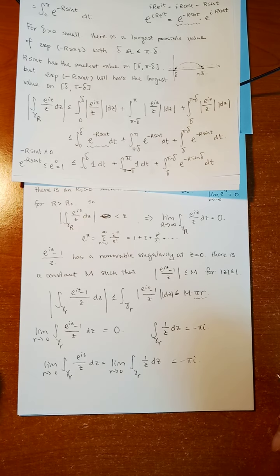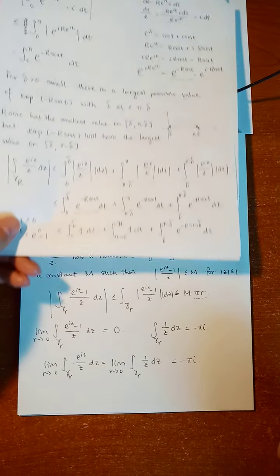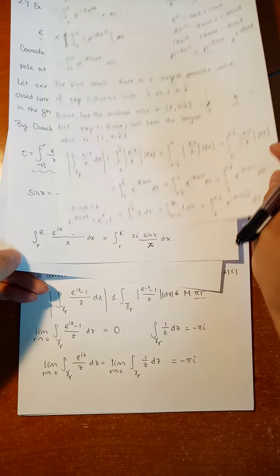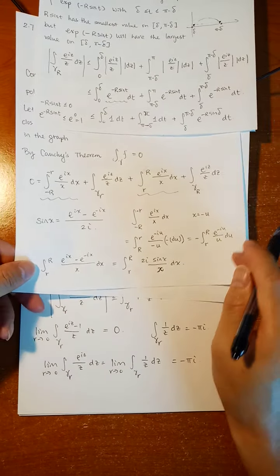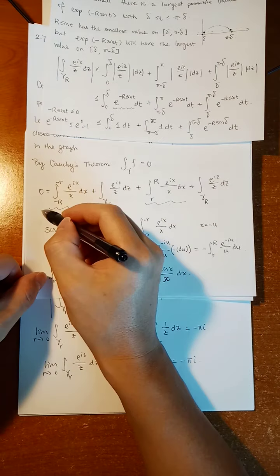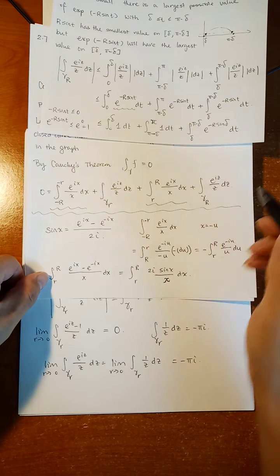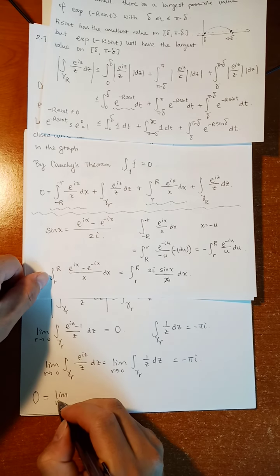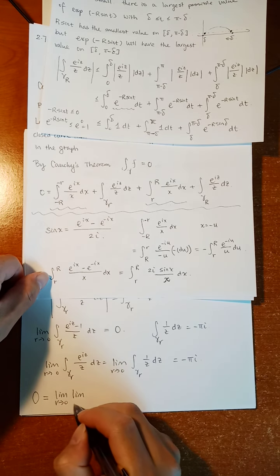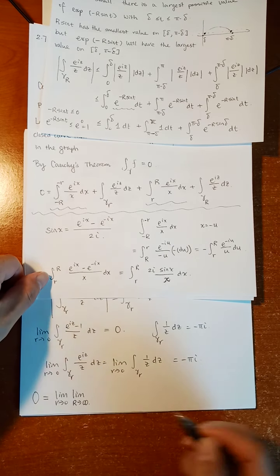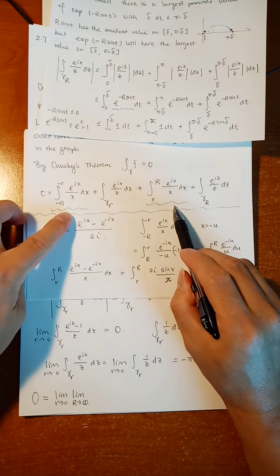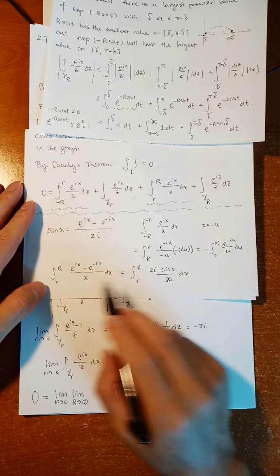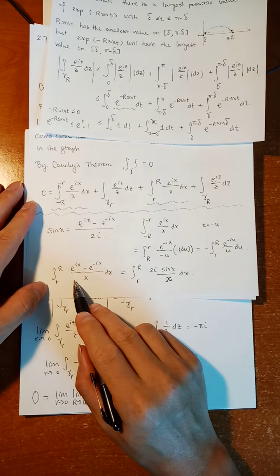Okay, so what do we have? We have many terms. Remember, we have this. We have this one, 0. Little r approaches 0. Capital R approaches infinity. And the first and third terms, add them together, it is this, right?